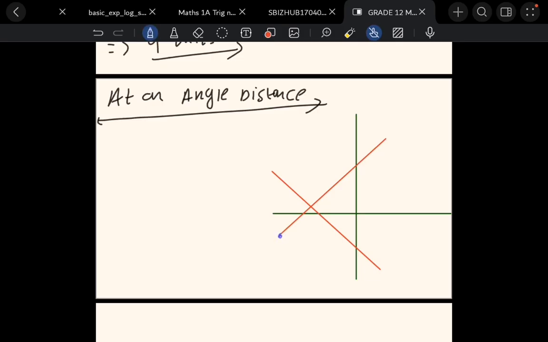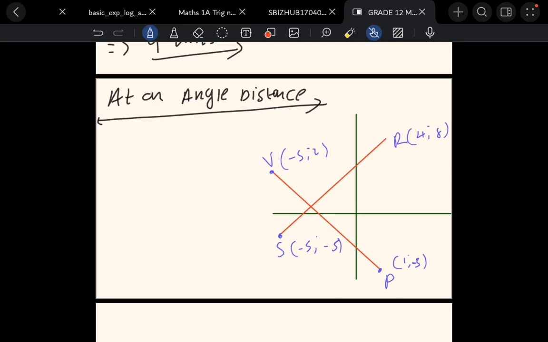Let's say this is SR, and then this is VP. Let's say U is (-5, 2), and then P is (1, -3), like that. S is (-5, 5), and R is (4, 8).